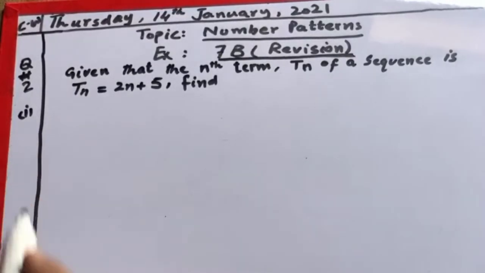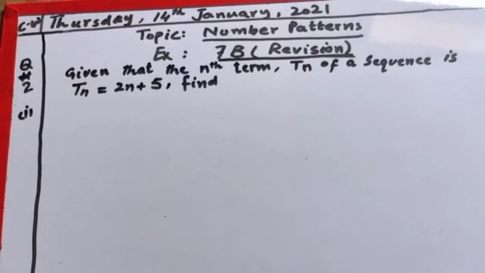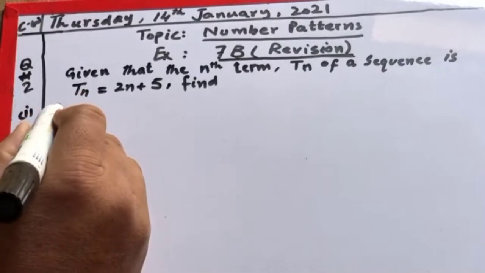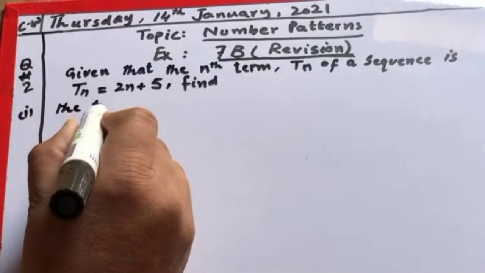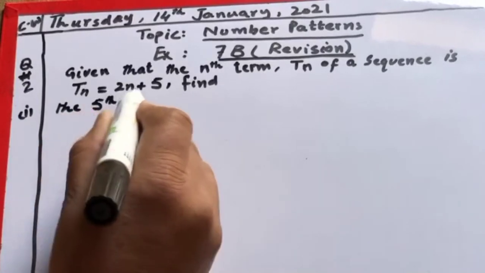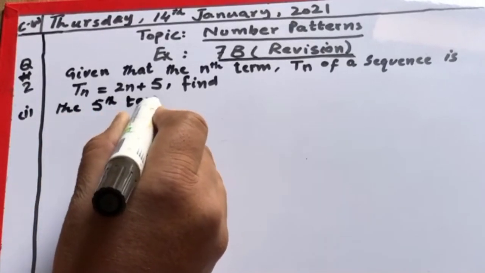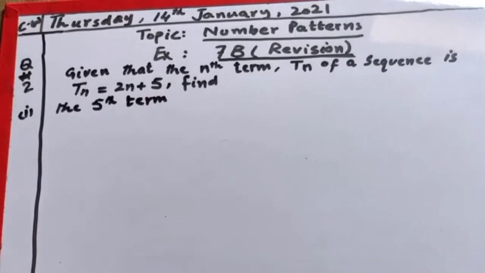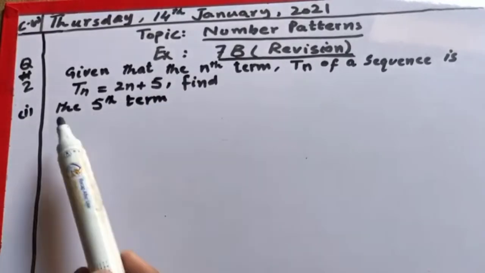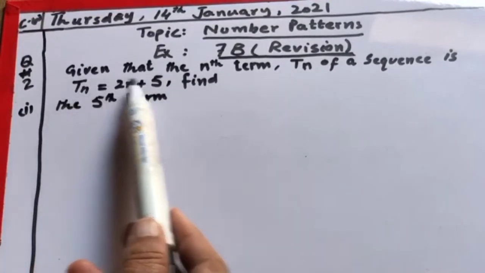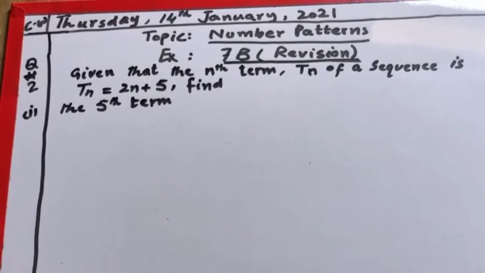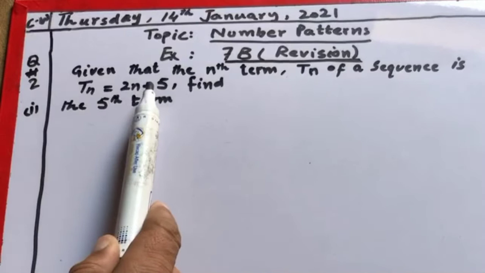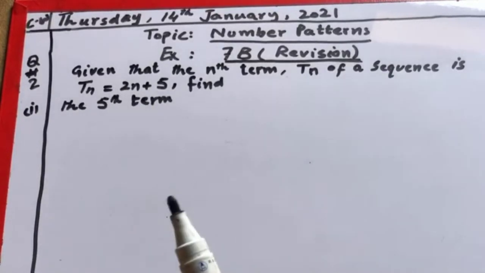So in first part we have to find the fifth term. By using this general term formula we can easily find any term of a number sequence.